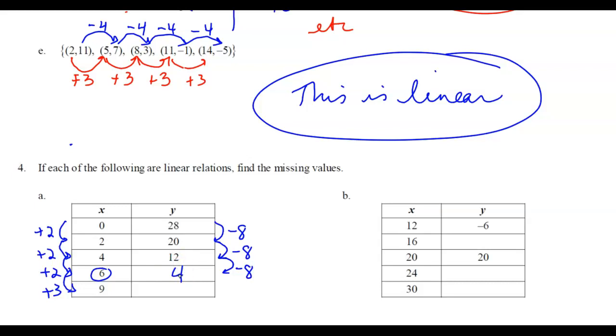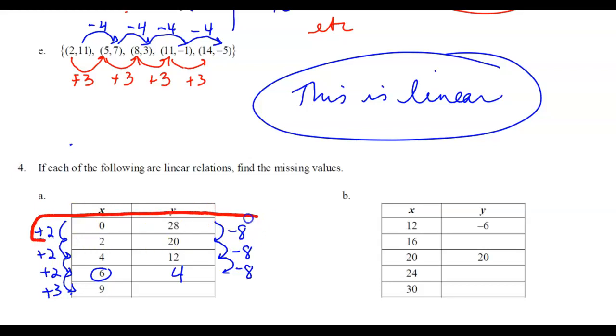Okay, now, should I go down by 8 again? No. So what should I go down by? 12. Okay, because, let me explain. Walk you through. Okay, so here, if we're going up by 3, think about what it would be if we were going just up by 1.